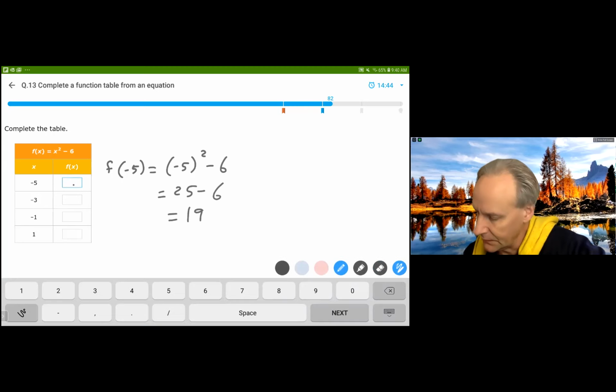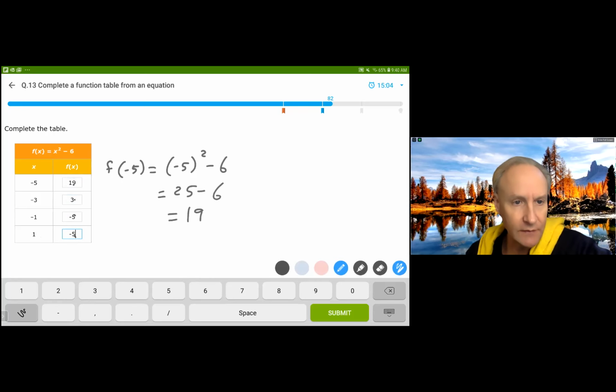So we have 19. And negative 3 squared is 9 minus 6, which gives you 3. Negative 1 squared is 1 minus 6, which is negative 5. And 1 squared is 1 minus 6, which is also negative 5. Notice my negative 1 and my 1 have the same value.